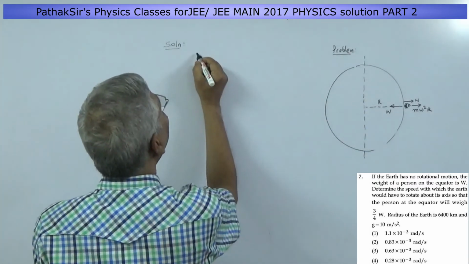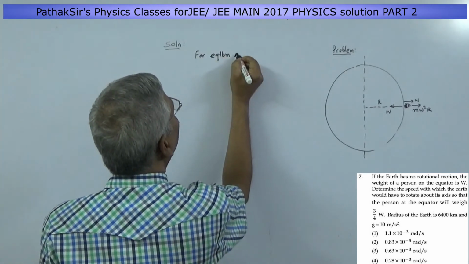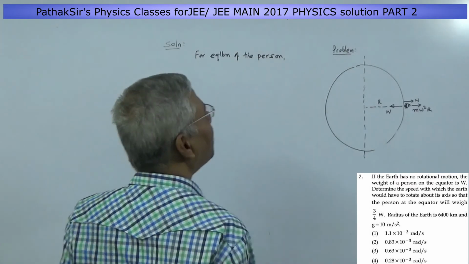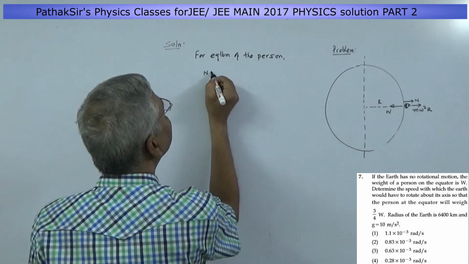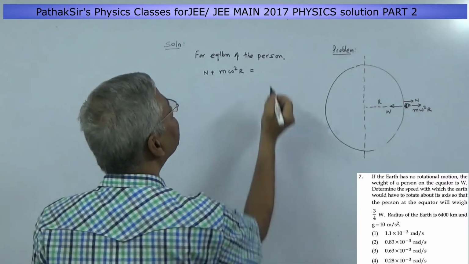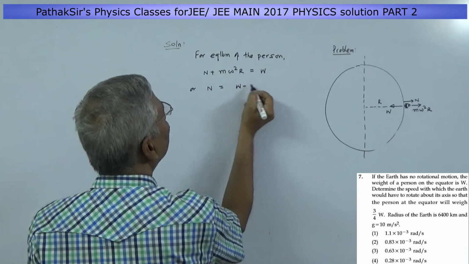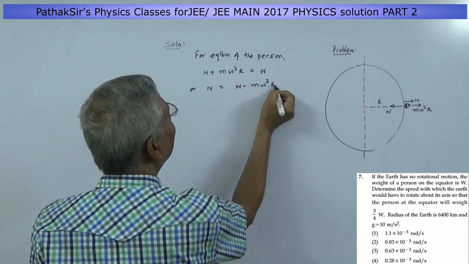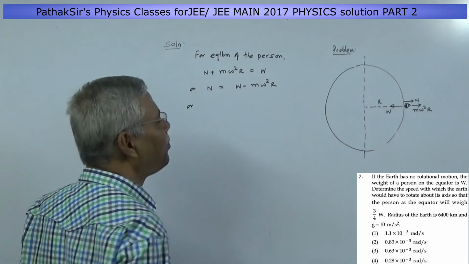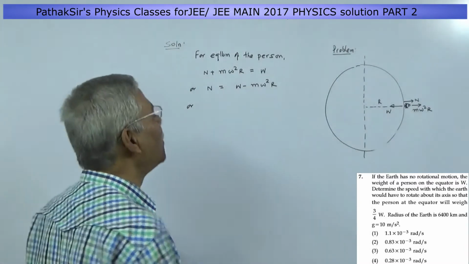So for equilibrium of the person, N plus m omega square r equal to W, or N equal to W minus m omega square r. According to the problem, N, the weight of the man, is given as 3W by 4.